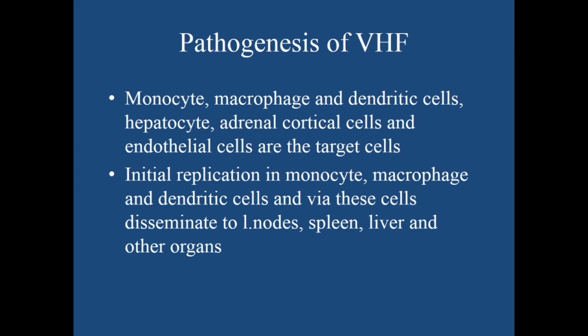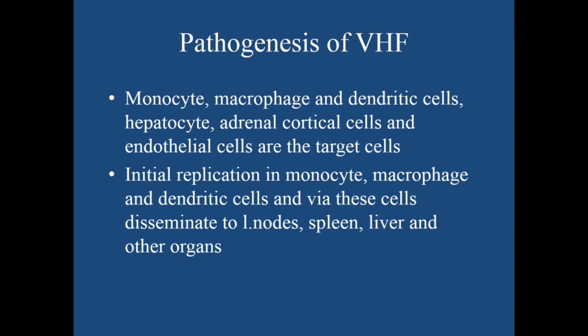Regarding the pathogenesis of viral hemorrhagic fever, the cells involved are usually the monocytes, macrophages, dendritic cells, hepatocytes, adrenal cortical cells and endothelial cells. These are the main target cells.